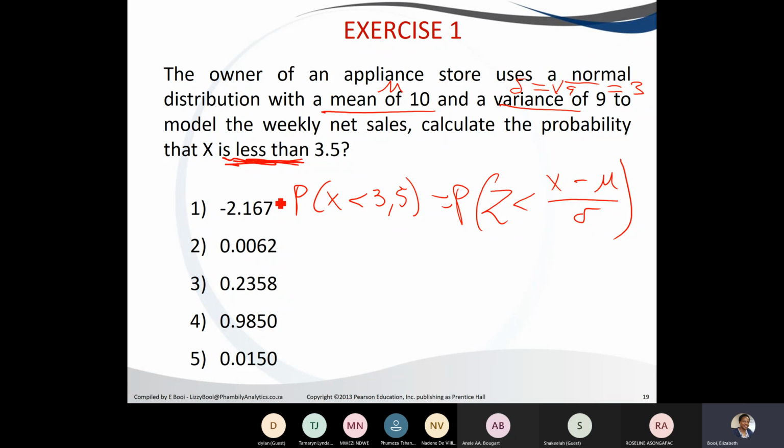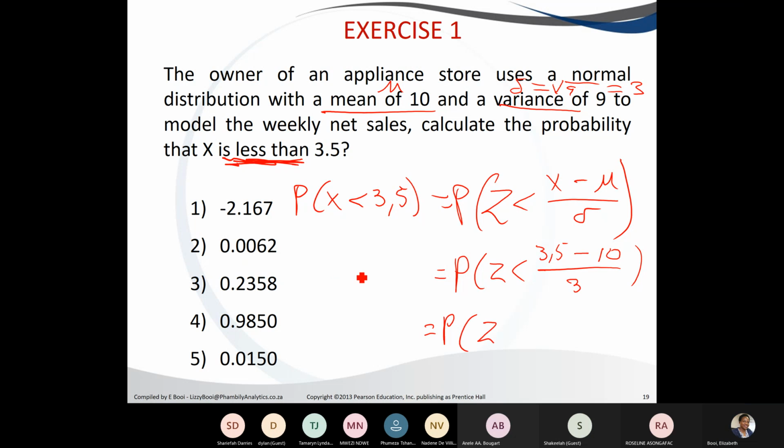We know the X is in the question. So the probability that Z is less than 3.5. So we're calculating what is inside the bracket: 3.5 minus the mean of 10 divided by the standard deviation of 3. And this gives us the probability that Z is less than 3.5 minus 10, which gives us minus 6.5.